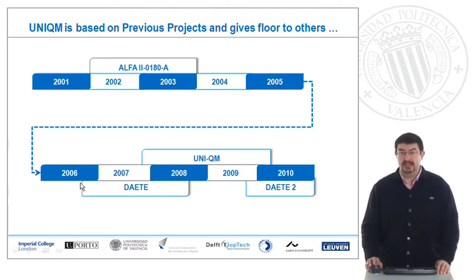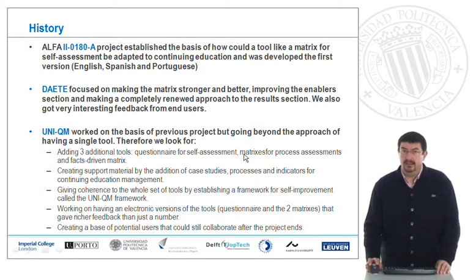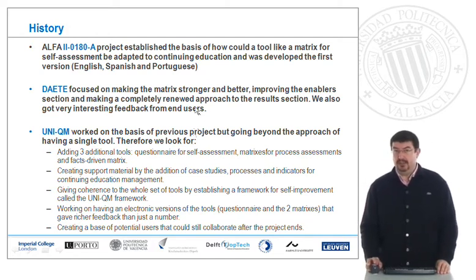In 2006, we began with a new project that was a joint consortium between the States and Europe, the DAETE project, that was followed up by the UNI-QM one, the project we are describing now. The second step of this joint consortia project has been approved recently, the DAETE 2, and from UNI-QM we will move the tools we are developing to the group of the continuing education centers that are inside the DAETE consortia.